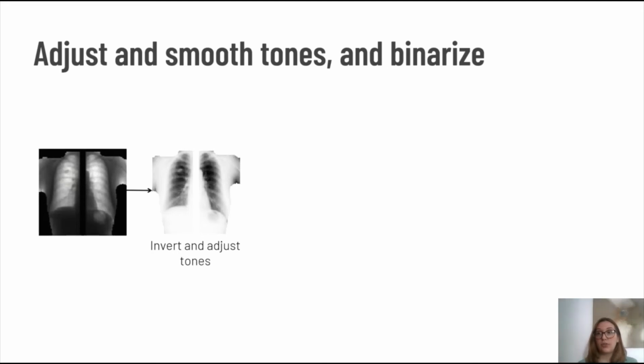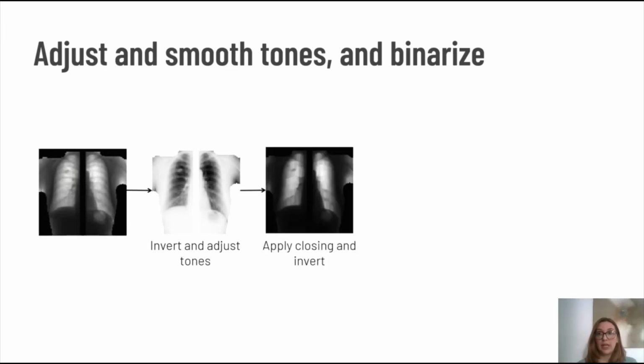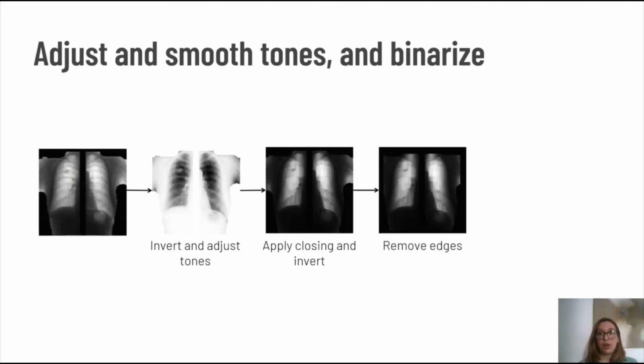So the first task of this step consists of inverting the input image, adjusting it by a sigmoid function, and morphologically closing it. The next task is to revert the image to its original tone scheme and remove any values of the edge of the image.